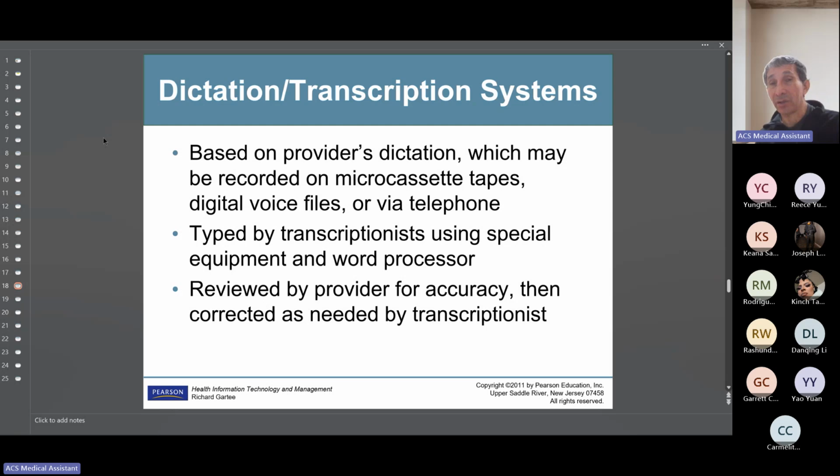It's just that the doctor does not have the time to type all that information or to write all that information. So now it's typed. The medical doctor is going to go over it. Not any medical doctor, it has to be the medical doctor who dictated that information. Because as soon as I read it, I'm going to know if that's exactly what I said, that it was recorded or not.